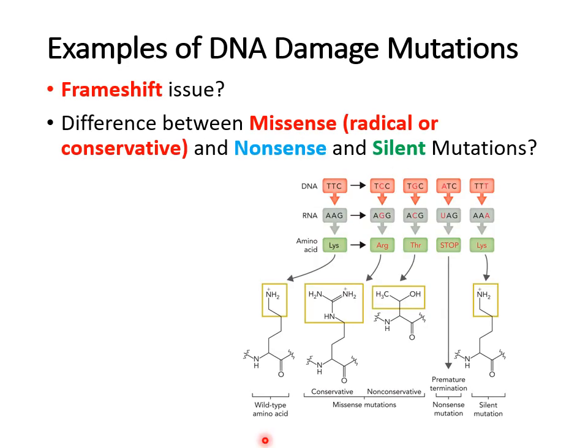So now I want to go into some specific examples of DNA mutations. First, I want to point out the possibility of frameshift issues. So if a DNA mutation occurs where you have an addition or a deletion of bases that are not a multiple of three, because as you know, DNA is read as codons, okay?